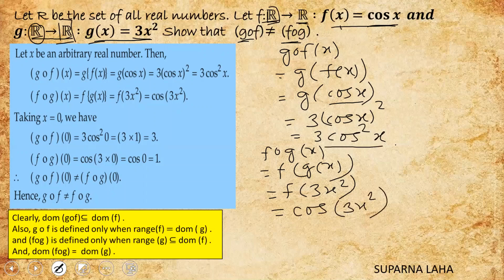Now check 3 cos square x and cos of 3x square. These two functions are not the same. Hence we prove that g of f is not equal to f of g. Here is the solution by an example. You can also show by an example that these two functions are not equal.